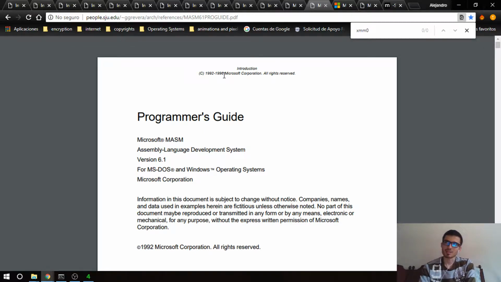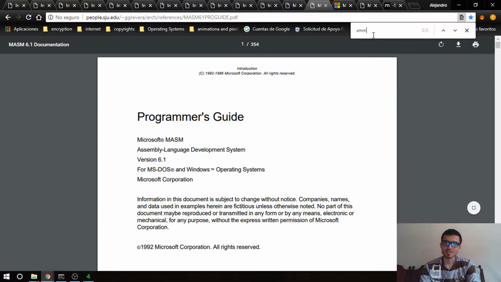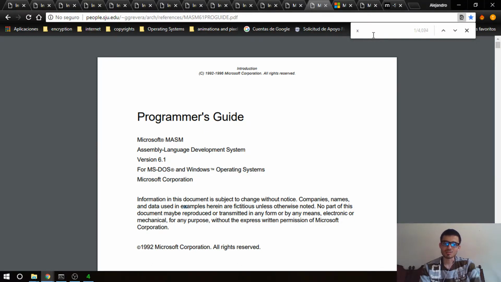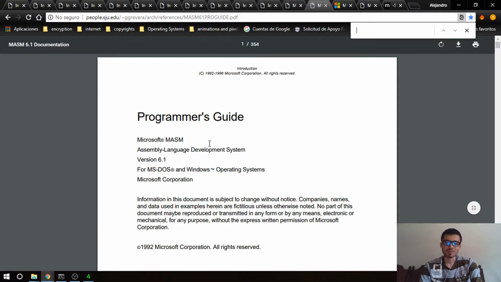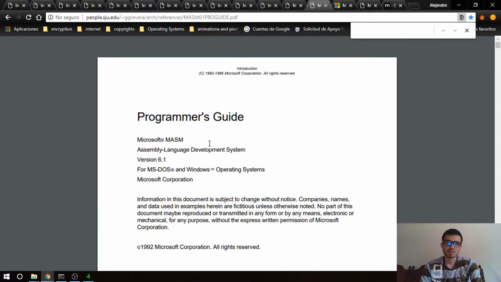SIMD, I believe, didn't come into the next millennium. So I cannot see anything of this. So yeah, we're not going to find out anything about XMM and SIMD instructions in this programmer's guide. That's a shame. But we have to find a way to encode that in assembly. Probably it doesn't have any support, well, it doesn't matter.